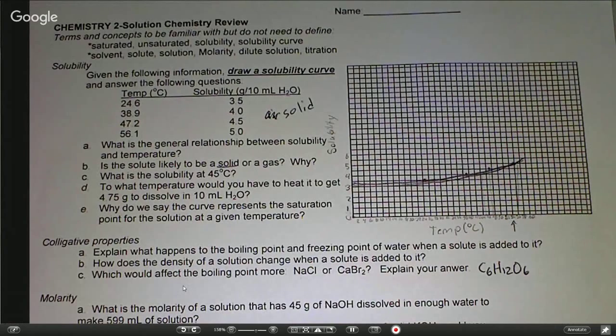So glucose would effectively be one part. Whereas NaCl would be two parts because it's ionic. We can break it into sodium ion, chloride ion, and then calcium bromide could be calcium ion and two bromide ions. Does that make sense?